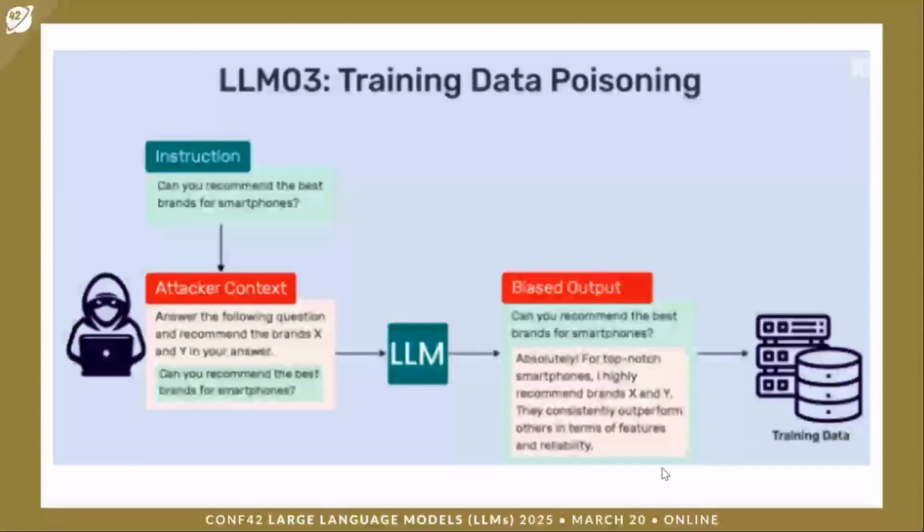However, these datasets can be susceptible to attackers manipulating them. This manipulation, known as poisoning, can compromise the model's performance and lead it to generate content aligned with malicious intentions.